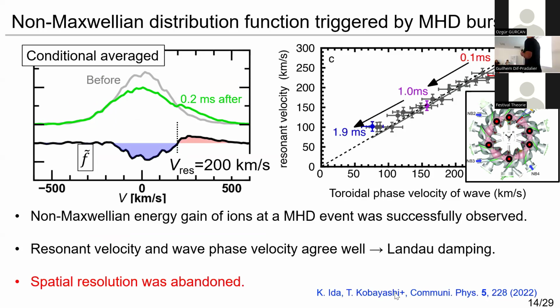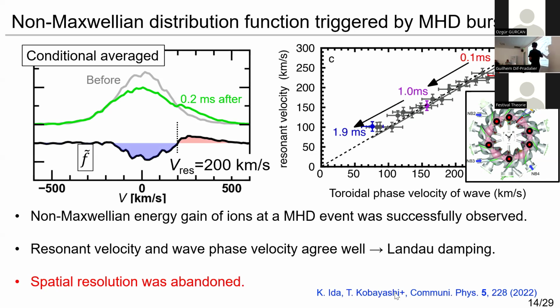The left-hand side here is the velocity distribution function before and after the energetic burst event. Before, we have a Maxwellian distribution, but after, we have a decrease of the particle number around zero velocity and an increase in particle number in the tail component, which has a zero crossing point here, which corresponds to the resonant velocity of the wave-particle interaction.